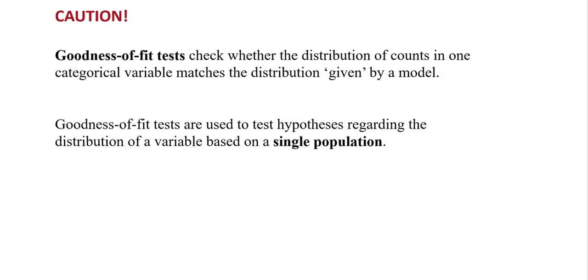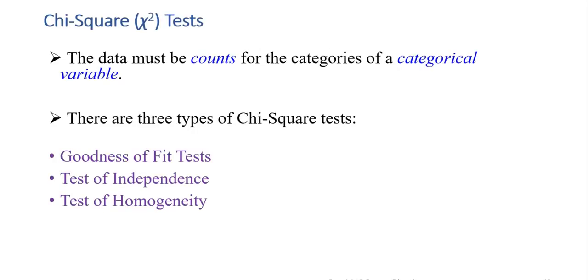Okay. Now, as we said at the beginning, there are three types of chi-square tests: goodness of fit test, test of independence, and test of homogeneity. In case of goodness of fit test, we have one variable.